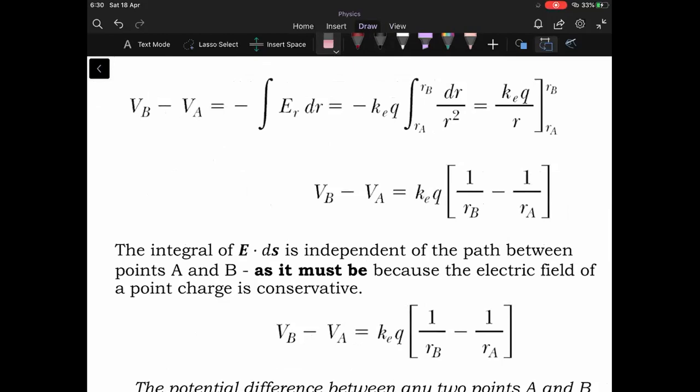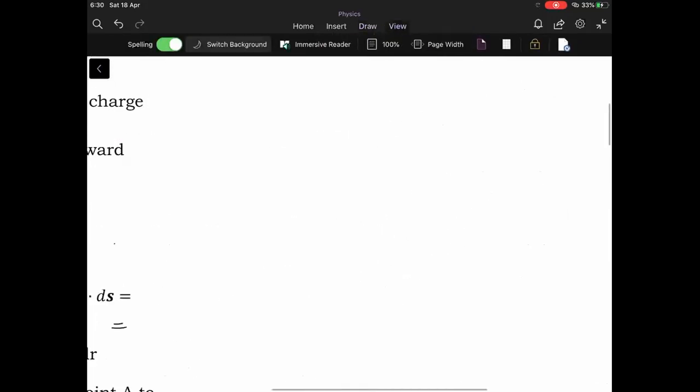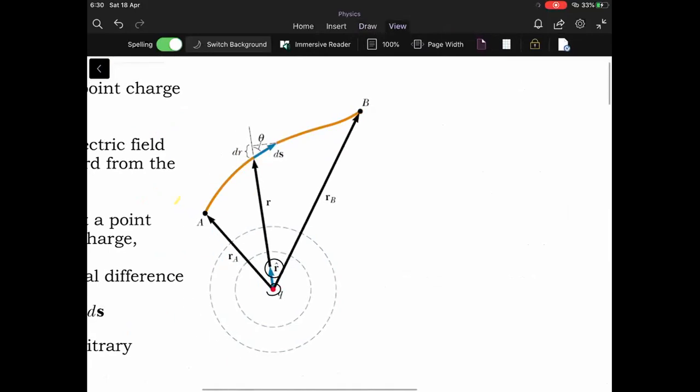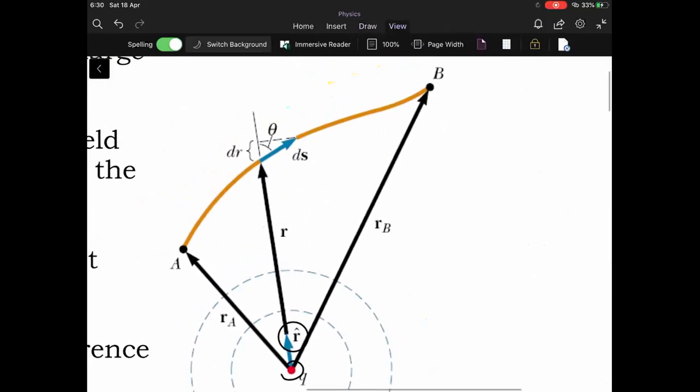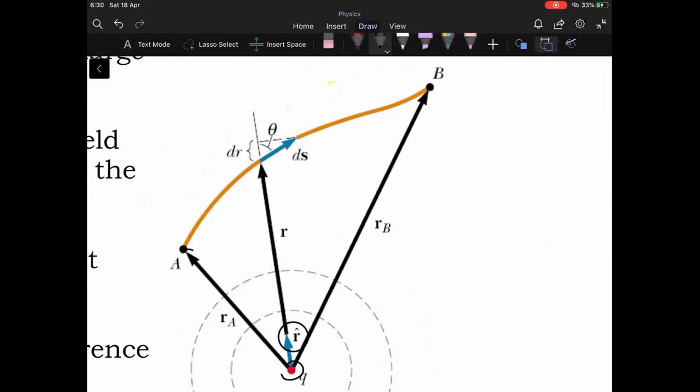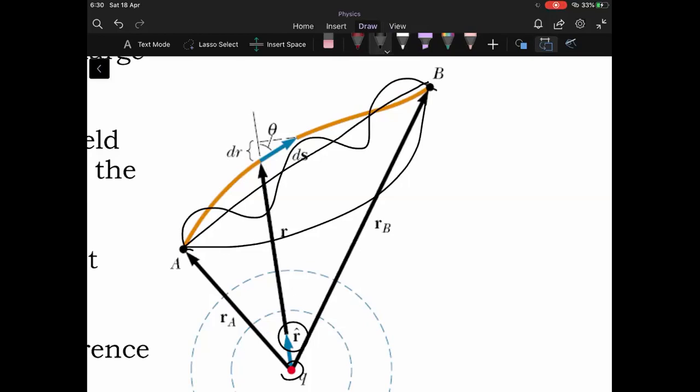अगर आपने इसको इंस्टेड ऑफ दिस पाथ, लेट्स से इसको ऐसे मूव किया होता स्ट्रेट लाइन में, तो भी आपका पोटेंशियल डिफरेंस सेम आता है. आप इसको ऐसे मूव करते तो भी सेम आता है. ठीक है, आप इसको ऐसे मूव करते तो भी आपका सेम आता है, because potential difference is always independent of the path undertaken.